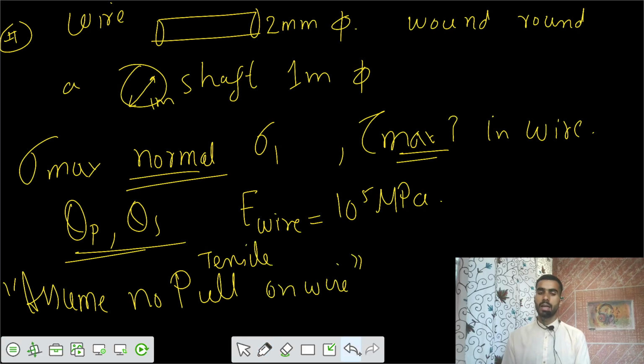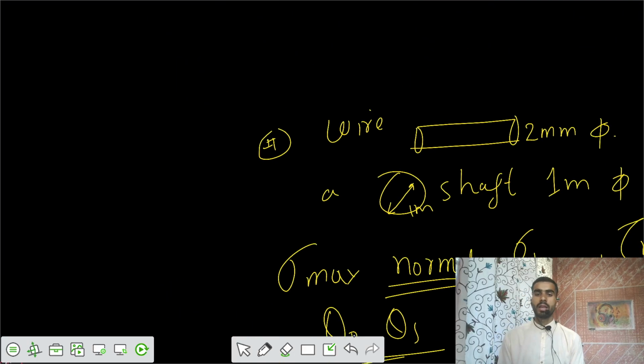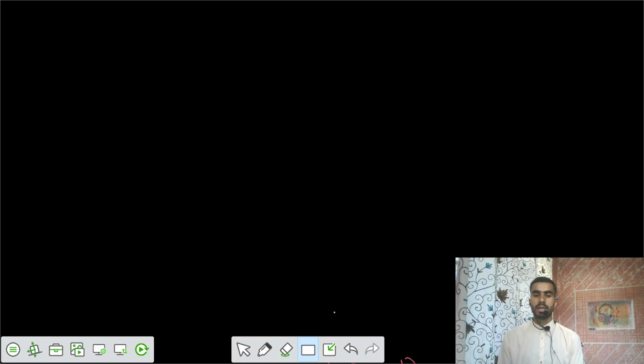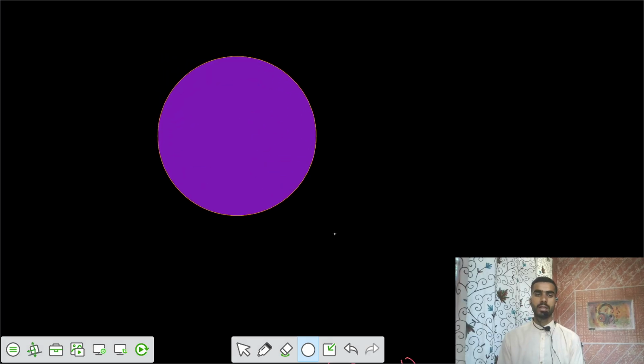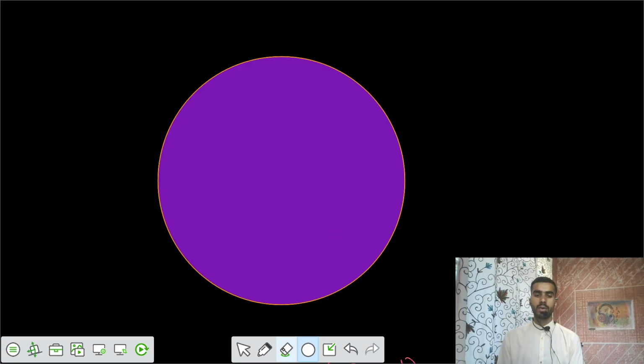Let's take a shaft. Let's say this is the shaft, and around that you wind some wire.